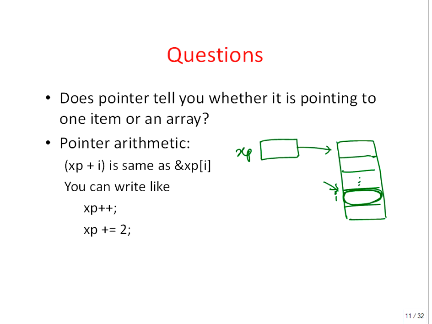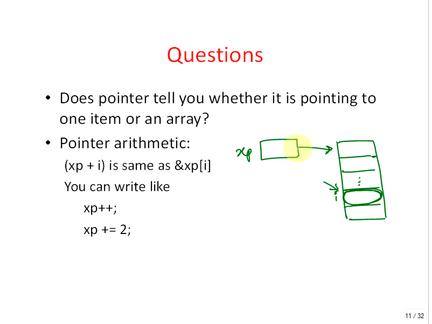What does that all mean? Well, xp is pointing to an integer array. When you write xp plus plus, we know this notation for integers, right? When you do plus plus, you move to the next value. Similarly, you add 2 to an integer, and so on.